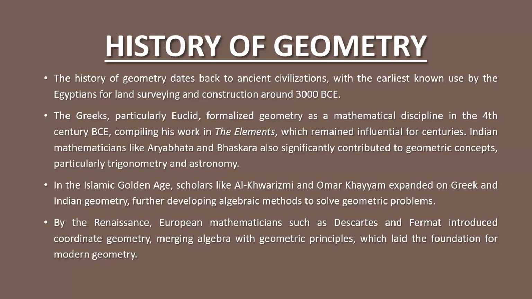By the Renaissance, European mathematicians such as Descartes and Fermat introduced coordinate geometry, merging algebra with geometric principles, which laid the foundation for modern geometry. So, this was a small history of the earliest geometry.